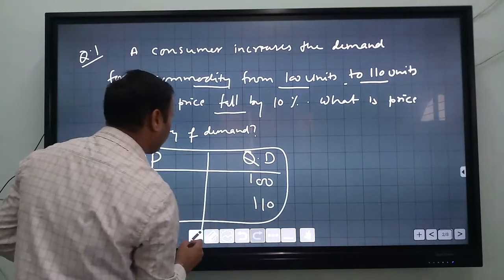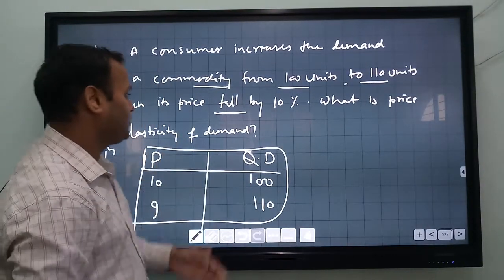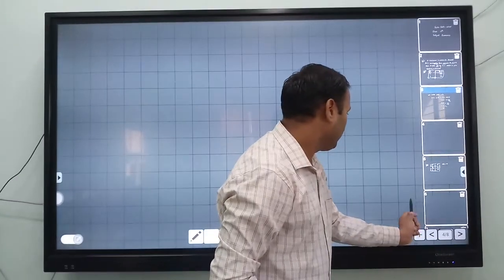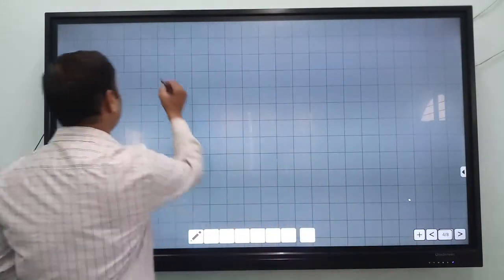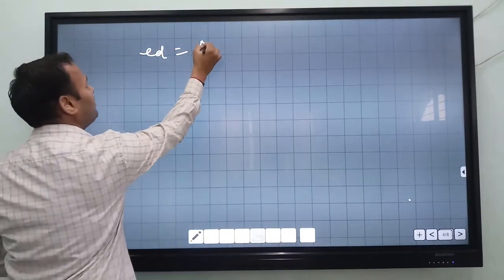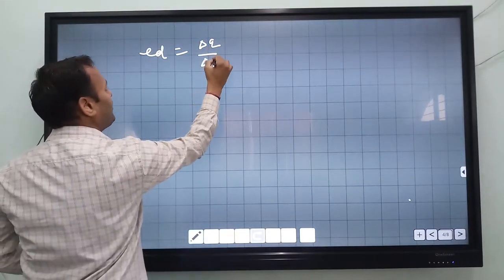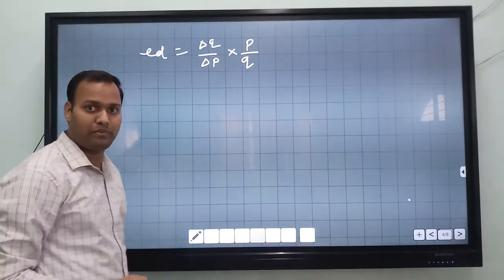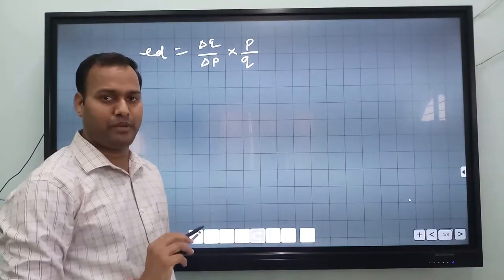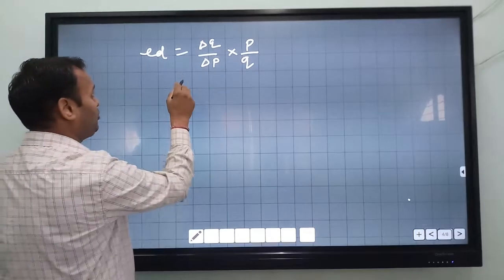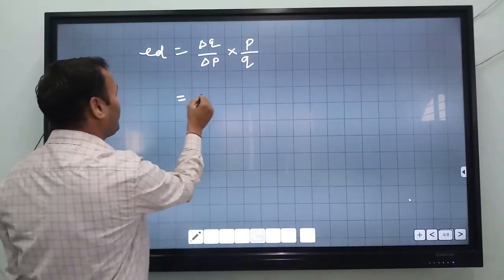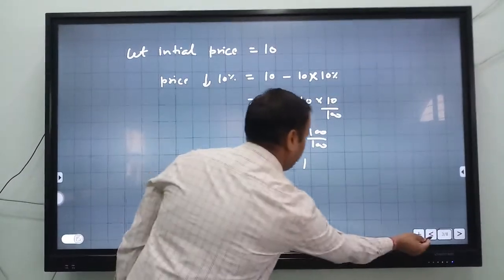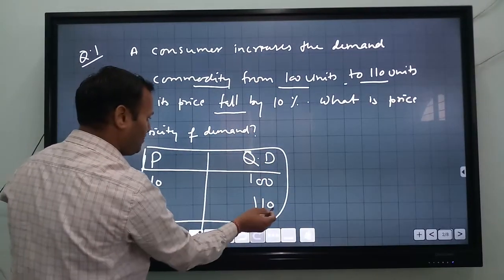Now we have to calculate the elasticity of demand. Elasticity of demand is equal to delta Q upon delta P into P by Q. This is the formula of elasticity of demand, already derived in the previous video. So delta Q is the change in quantity demanded.